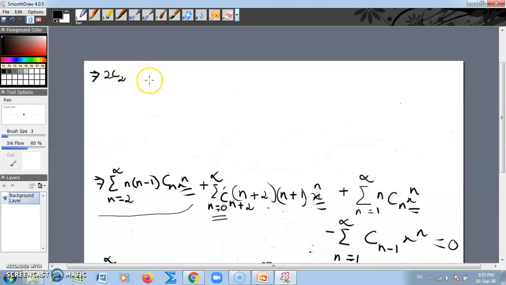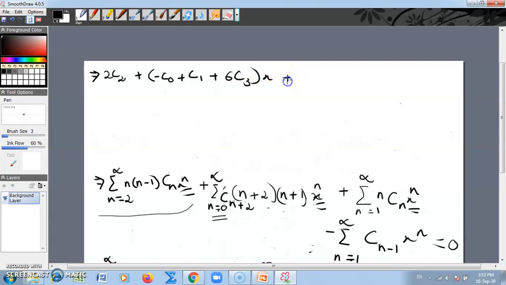Twice c2 plus minus c0 plus c1 plus 6c3 into x. These are the parts without a summation sign, like this.